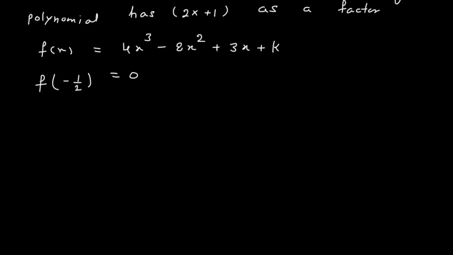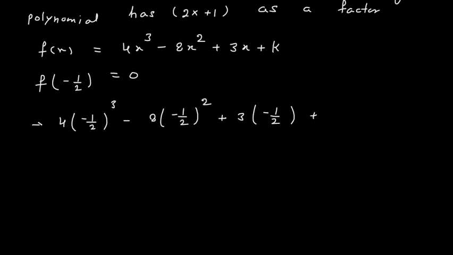In place of x I have to replace minus 1 by 2. So therefore here we have 4 into minus 1 by 2 cube minus 8 into minus 1 by 2 square plus 3 into minus 1 by 2 plus k, and this value I will get 0.